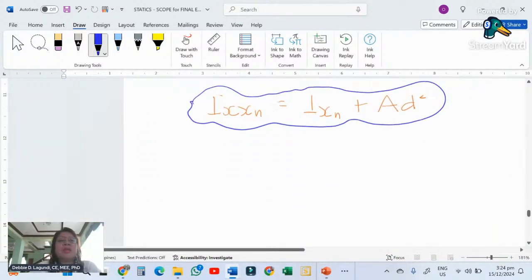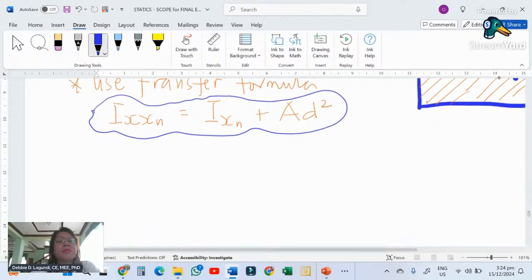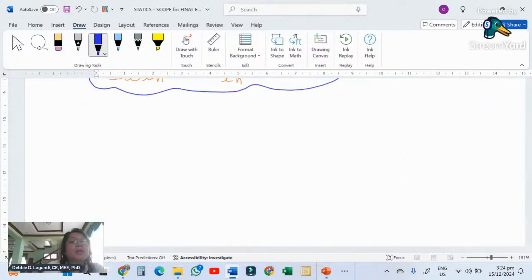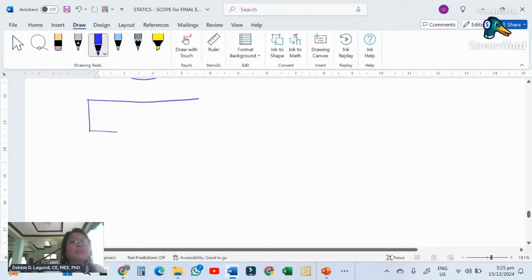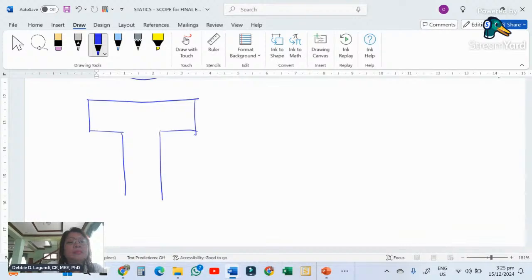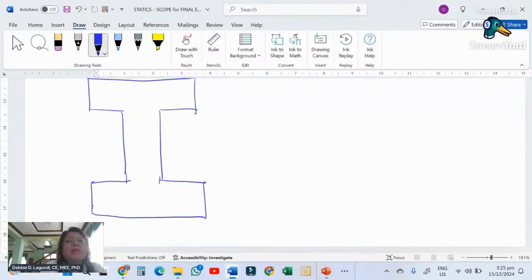Okay, so now we're going to calculate the moment of inertia about the neutral axis of the I-beam. So I will draw it again. We said that it's 2 meters, 2 meters.